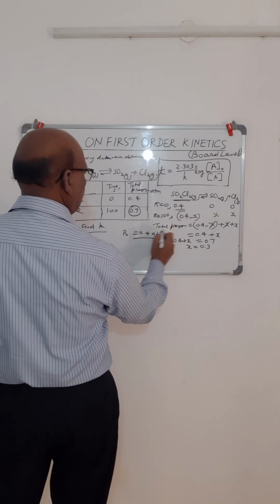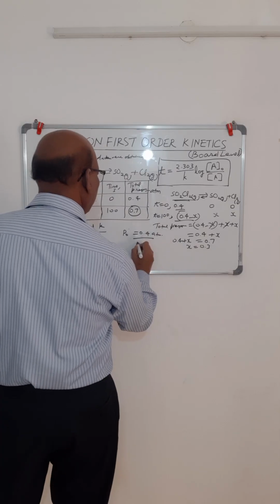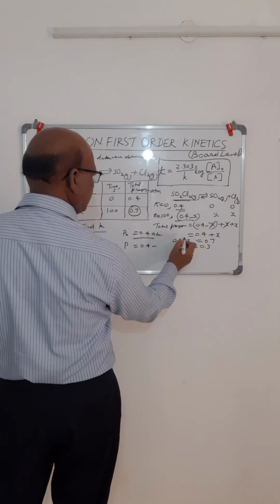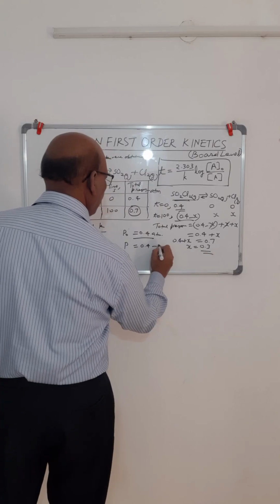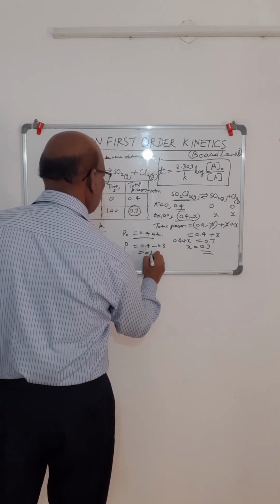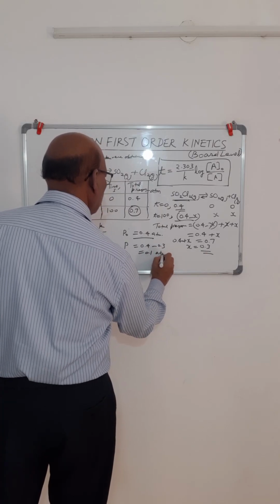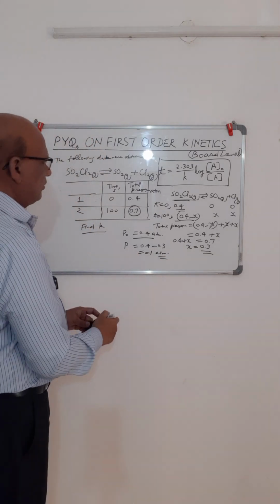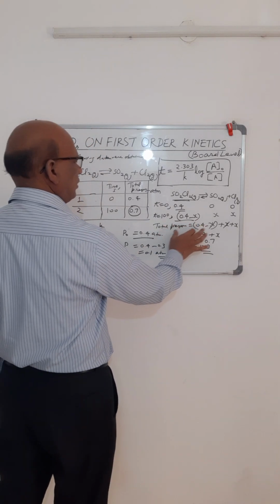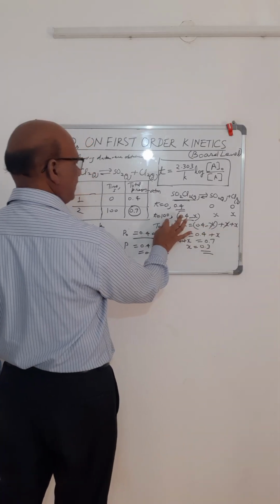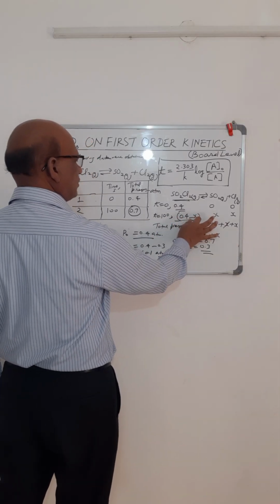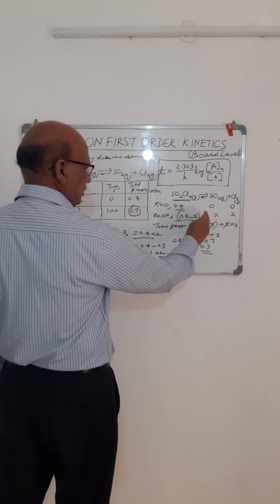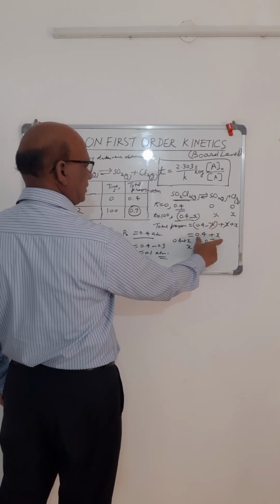That will be 0.4 minus x. There is no need to write square brackets because we are writing the pressure. So P naught is 0.4 atmosphere, and P will be 0.4 minus x, and x is 0.3, so 0.4 minus 0.3, that is 0.1 atmosphere. Okay, I hope this is clear to you. First we found the total pressure after 100 seconds, because x moles get dissociated, or the partial pressure gets reduced.